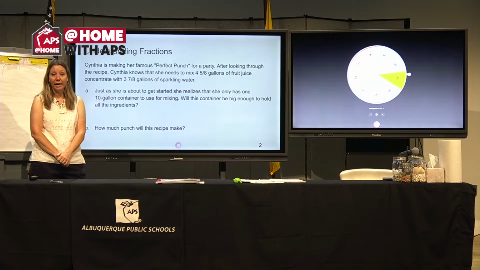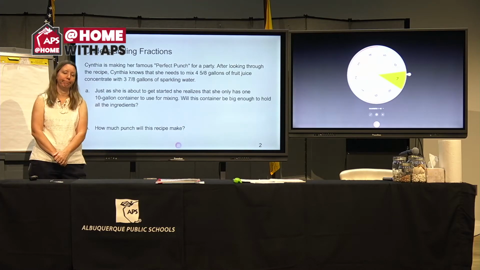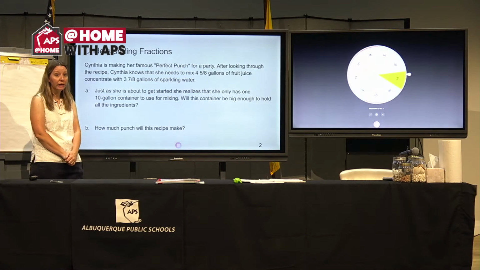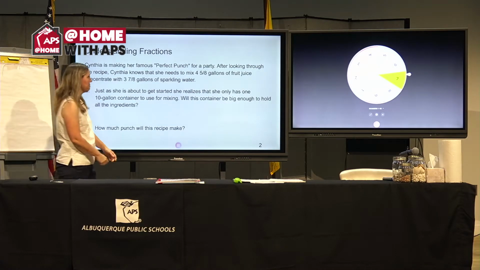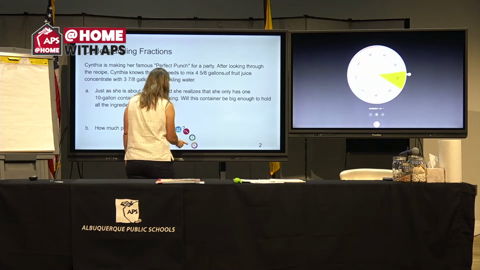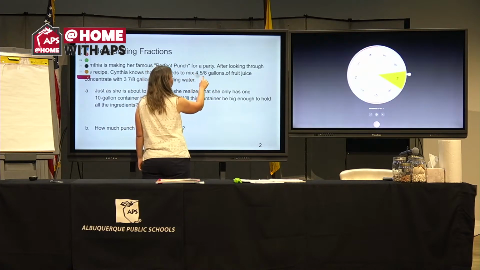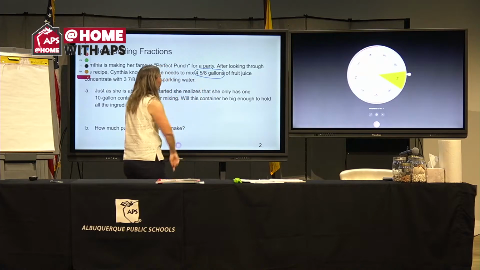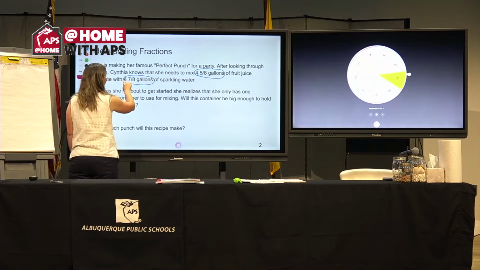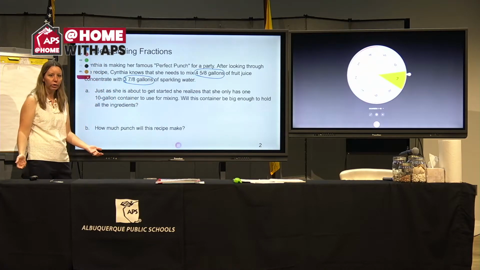Do we know what we're being asked to do? We don't know yet. Do we have some numbers that we think might be something we need? Yeah, the 4 and 5. We have the 4 and 5/8 gallons of fruit juice and the 3 and 7/8 gallons of sparkling water.